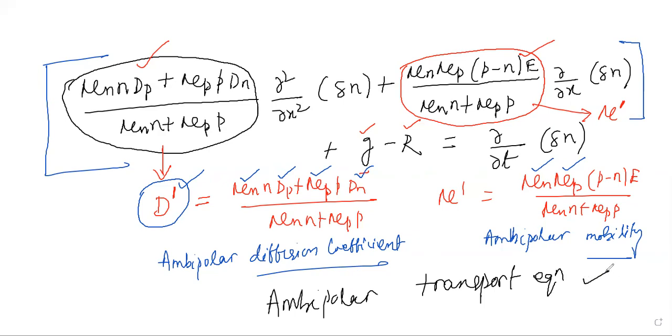This ambipolar transport equation gives us the time dependent diffusion equation for the excess carriers, and it shows that the excess electrons and holes do not move independently of each other. So they diffuse and they drift with the same effective diffusion coefficient and with the same effective mobility, which we said as ambipolar transport. Ambipolar transport, and the equation mathematically can be written this way.